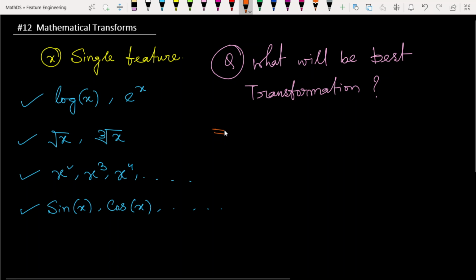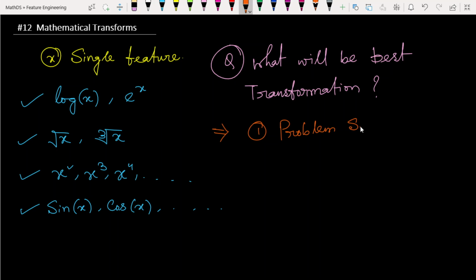Simply, its answer will be problem specific. It's very problem specific. The second thing is, we need domain knowledge.